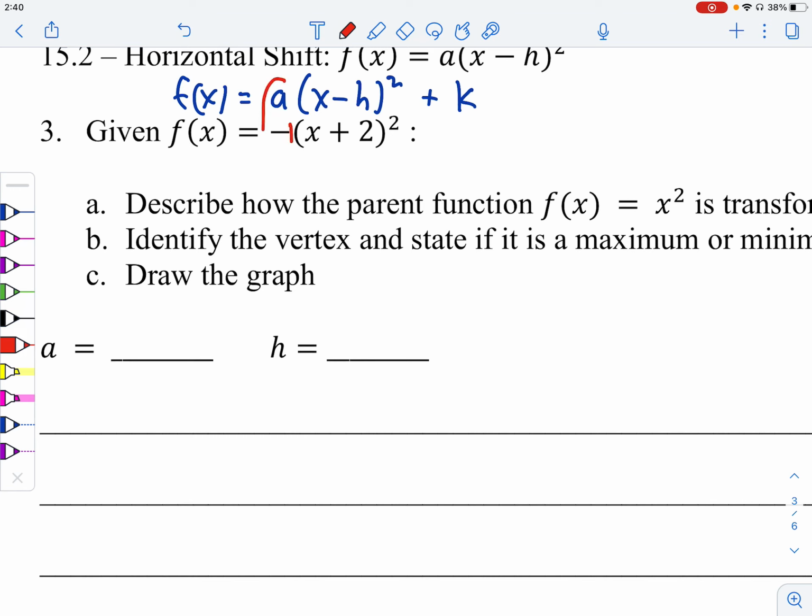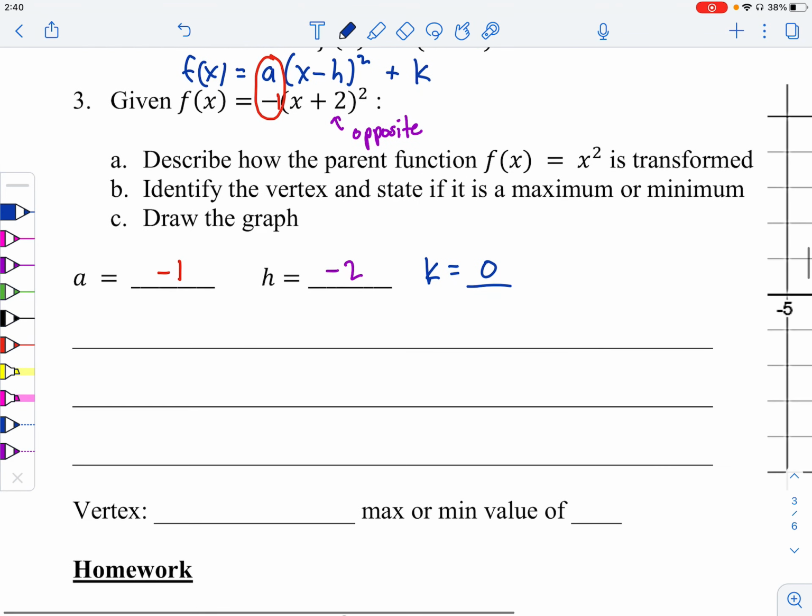Right, so our a value is -1. Our h value, it looks positive, so it's a negative, the opposite of this one, which is -2. It's taking the opposite. -2, and our k value is still 0 out there.